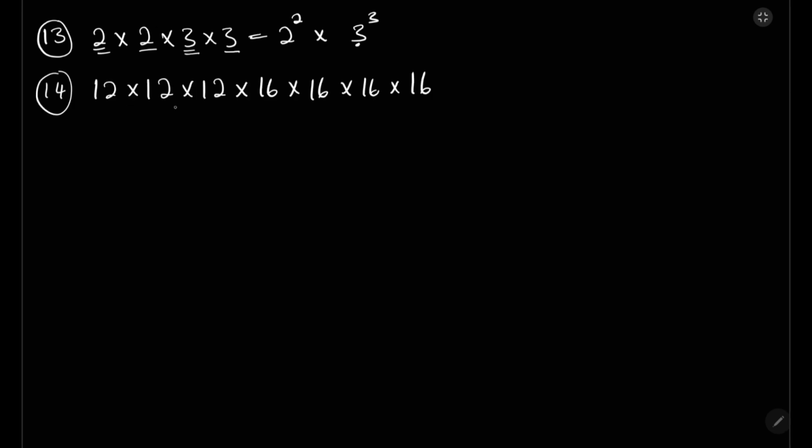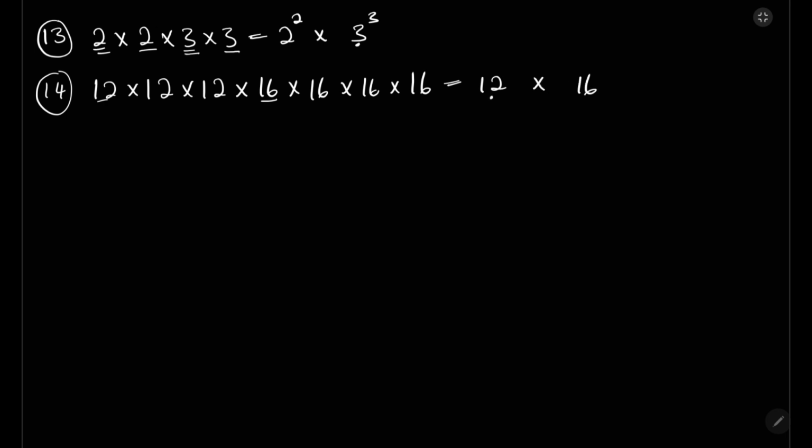We have 12 times 12 times 12 times 16 times 16 times 16 times 16. What's the first step? We have to write down our base. In this case, we have 12 and other 12s, and we have 16 and other 16s. So we should write 12, leave a space, times 16.